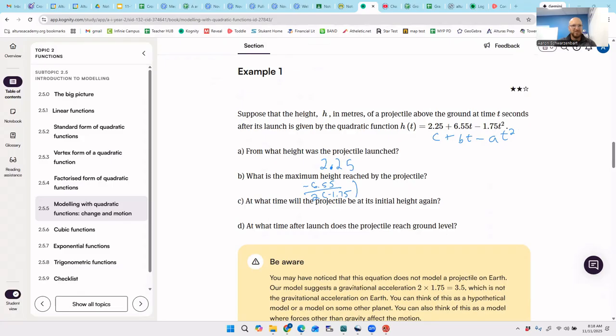So we could graph and find the maximum, which I think is what I'm going to do. Actually, yes, we can plug this in. To find where ground level is, you'd set h of t equal to 0, and you could graph or use the quadratic formula. Actually, I don't want to graph for this one, because to find when it's at its initial height again, it's 2.25 for h, correct?